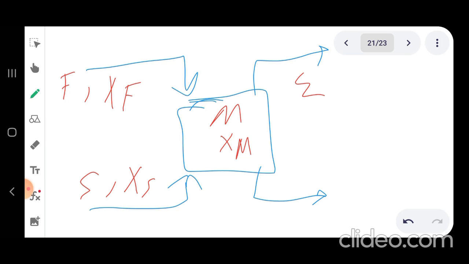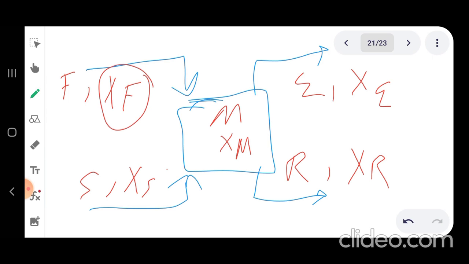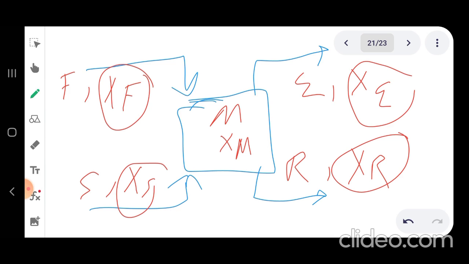Here is extract E with composition of extract XE, and then we have raffinate R with a composition XR. All of these compositions refer back to solute A. So XF, XS, XE, XR are all for solute A. XF is the composition of solute A in the feed stream.